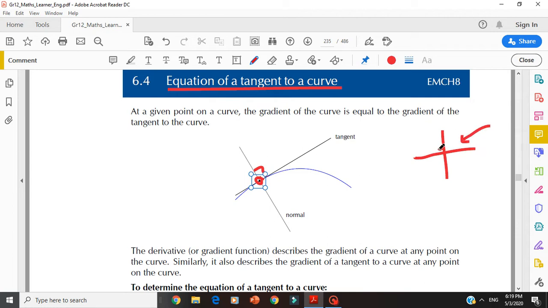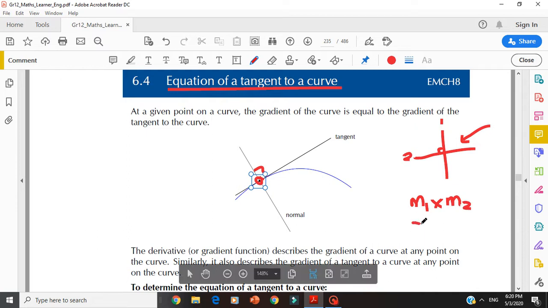The product of their gradients is equal to -1. So m1 times m2, their slopes must give you -1.